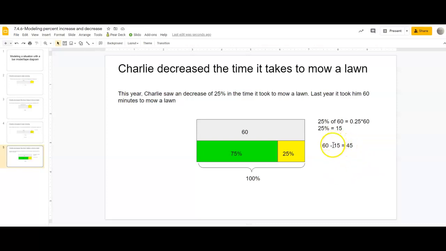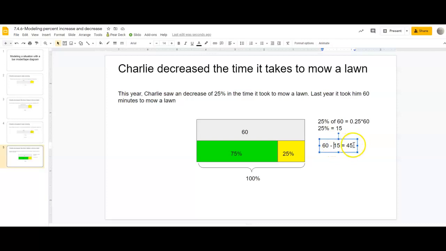Now, what's interesting is that this 45 right here, that's 45 minutes. Right there. I'm going to go ahead and spread that out. So 75% is 45 minutes. And 25% here, that is 15 minutes.